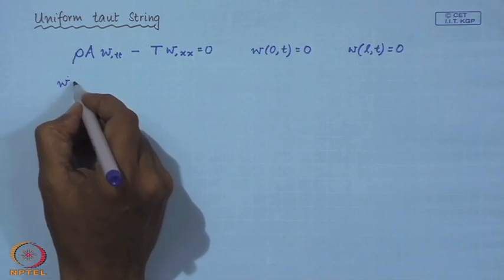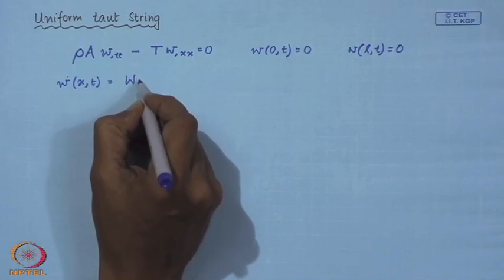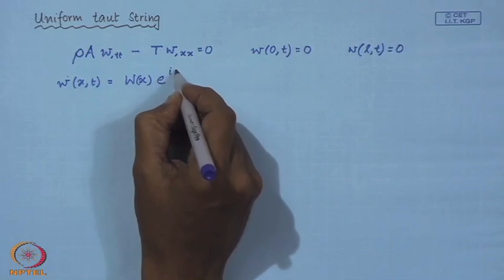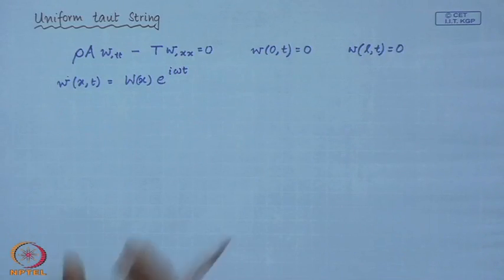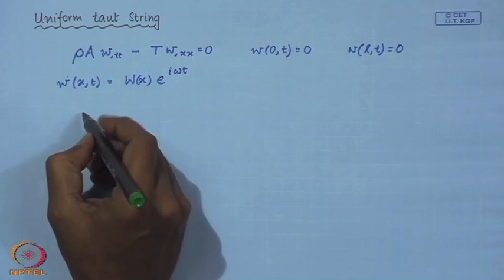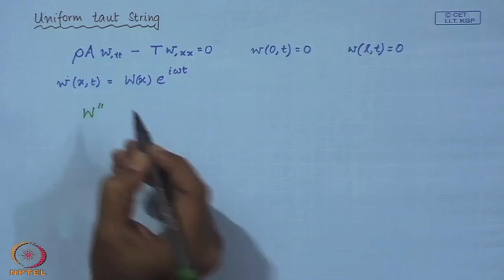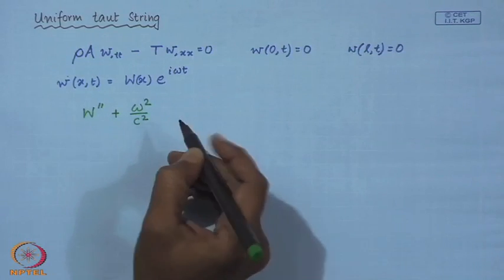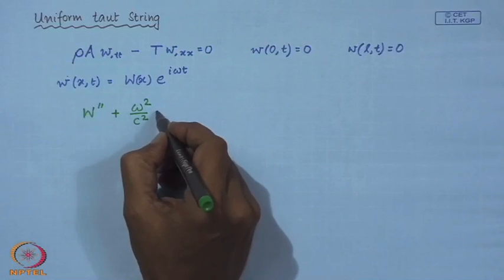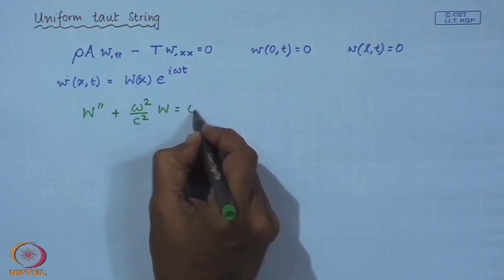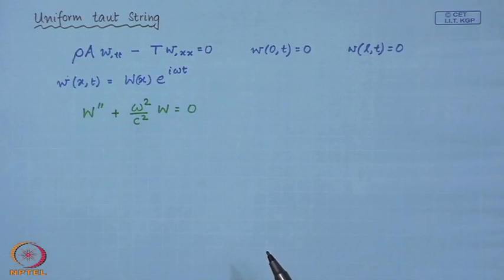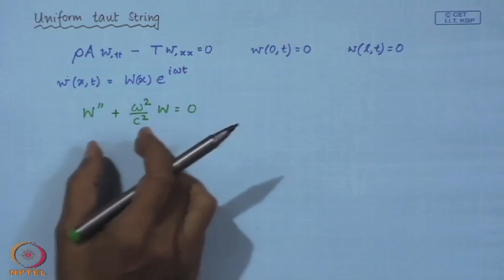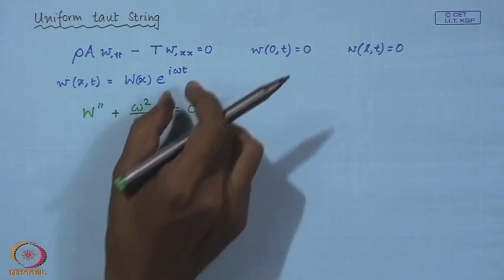Now, we are going to substitute this solution structure, and if you do that and with a little rearrangement you can easily see the equation reduces to this, because exponential I omega t will never be 0 for any time.